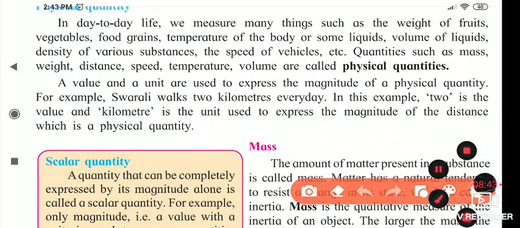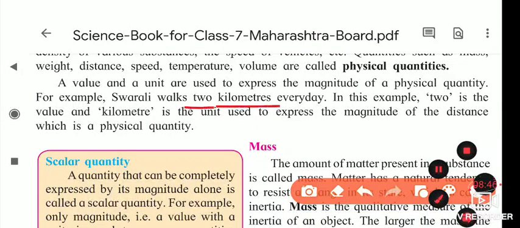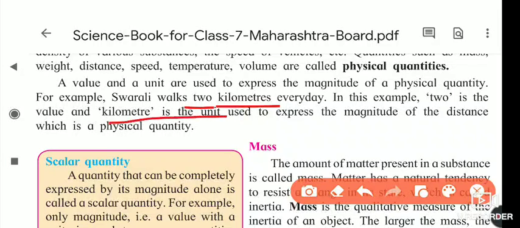In this sentence, 2 and kilometer is the magnitude of the distance that Swarali walks. 2 is the value and kilometer is the unit, expressing the magnitude of distance, which is a physical quantity.